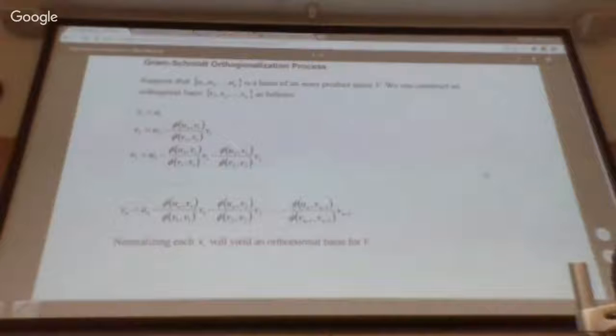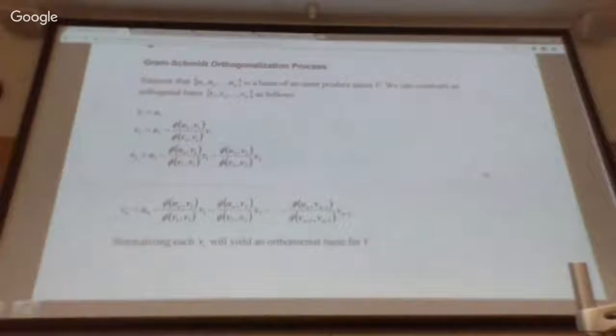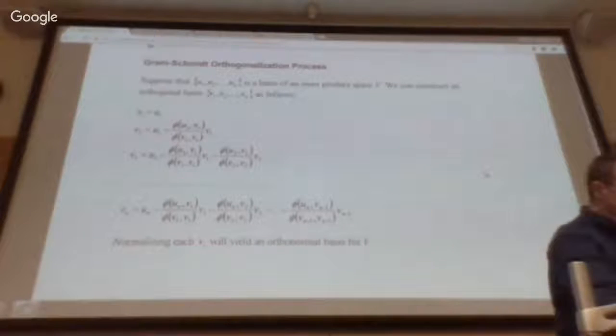Now that brings us on to what's called the Gram-Schmidt orthogonalization process. What's at issue here is, in general, we prefer our bases to be like the standard basis.